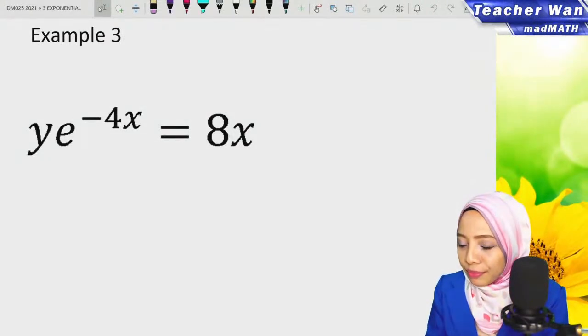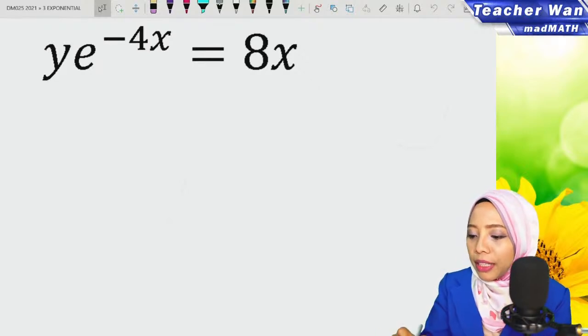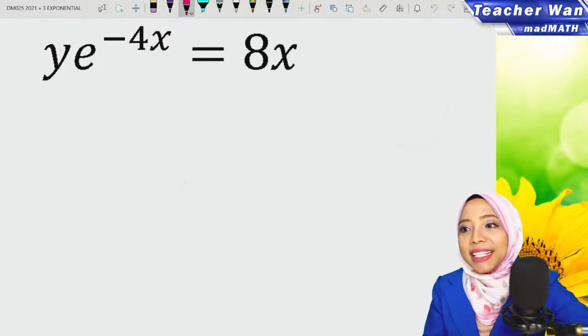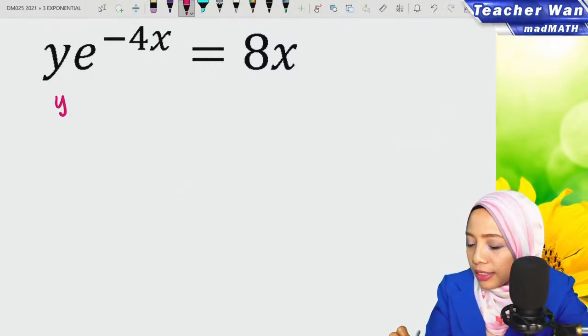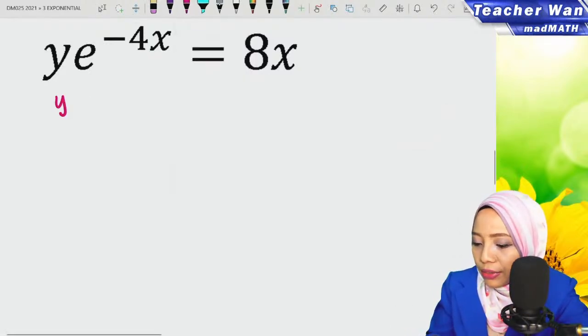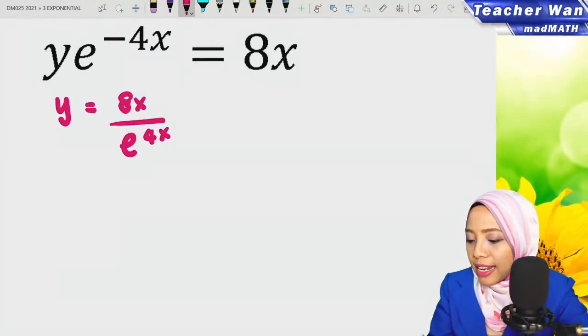Okay. So what we are going to do is, y, we leave it alone. Okay, y equals to 8x over e to the power of negative 4x.